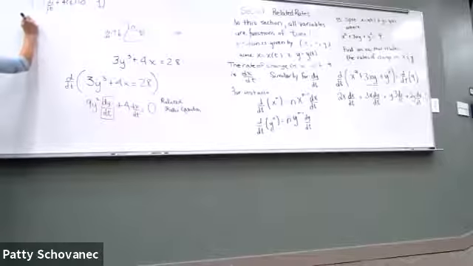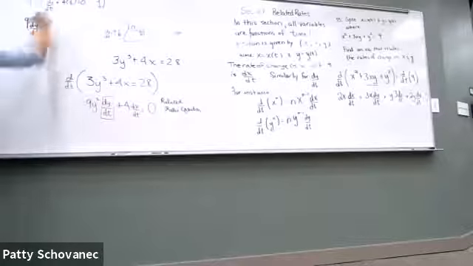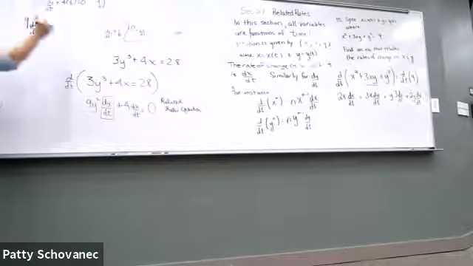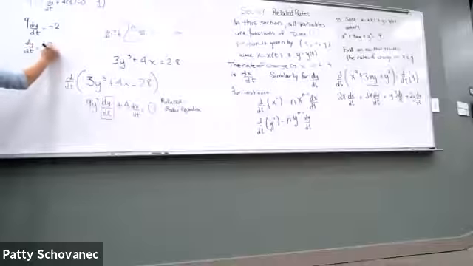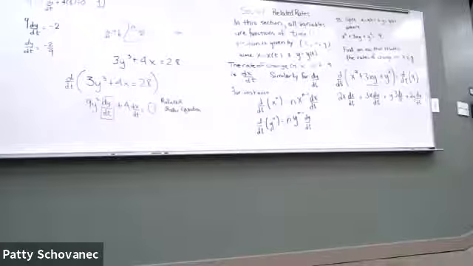So we have 9 dy dt. 4 times a half is 2. I'm going to push it to the other side, make it a negative 2. And so dy dt is minus 2 over 9. So the negative sign means that the y coordinate is decreasing at a rate of 2/9 units per whatever time period I gave you, or seconds.